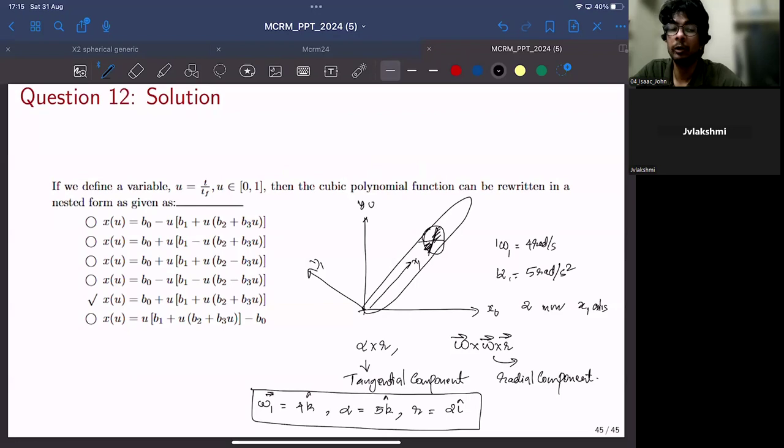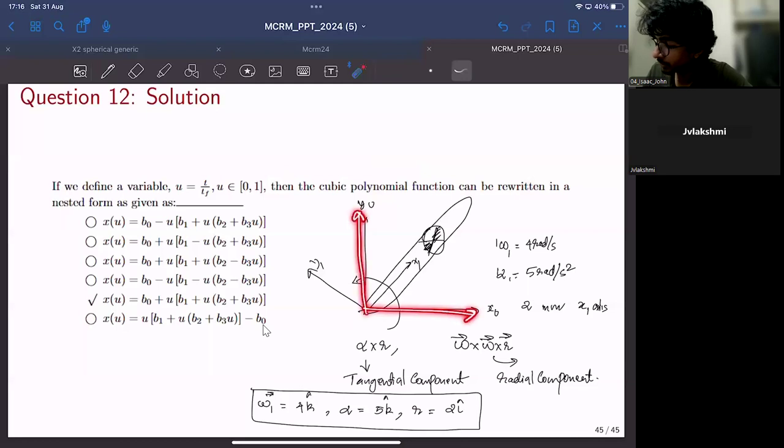So if this is x0 and this is y0, z0 should be towards us, out of plane, so the angular velocity, everything, would be along the positive z axis. z0 and z1 are both the same, perpendicular to the plane.